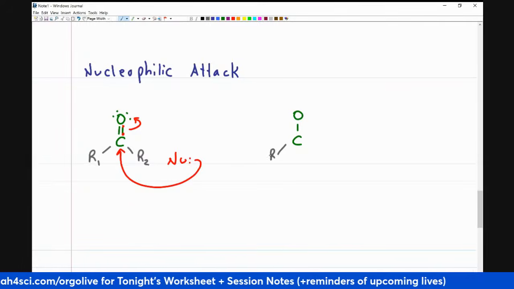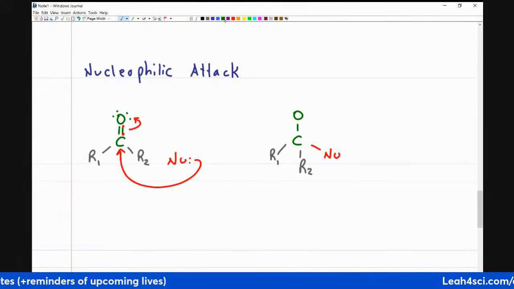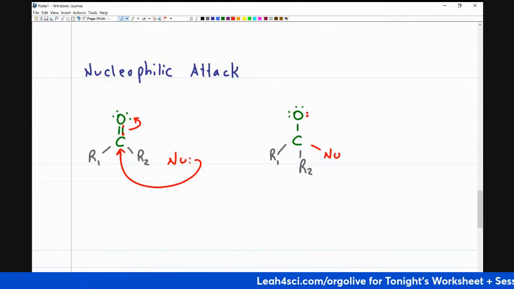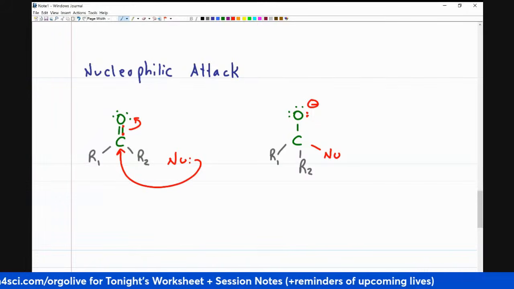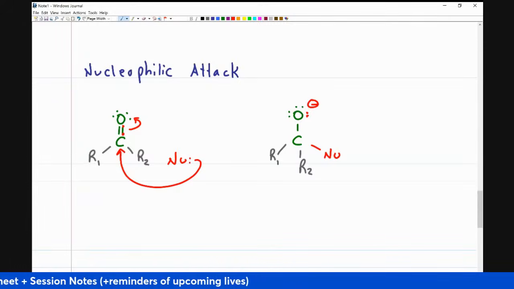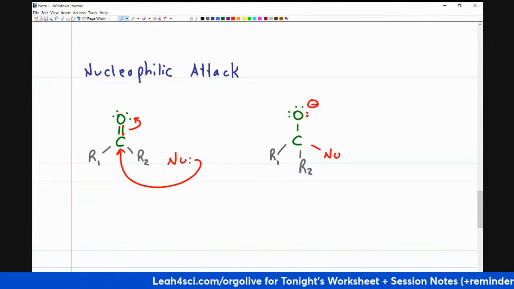We still have R1 and R2. We now have the nucleophile also attached, and we have the 2 initial lone pairs. The third lone pair comes from the pi bond that broke, and the negative charge is on oxygen. At this point, we can have something come in to neutralize it, oxygen attack, different things can happen. But the key behind a lot of the mechanisms that you're going to see is the nucleophile coming to attack like this. A lot of professors will ask you about stereochemistry.